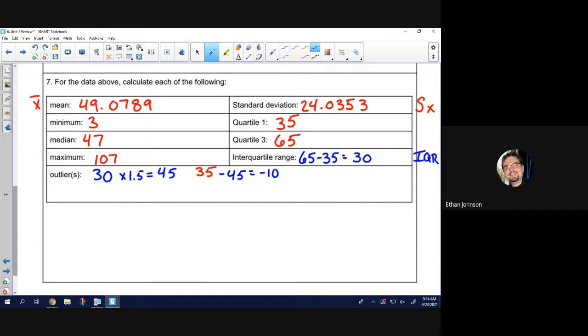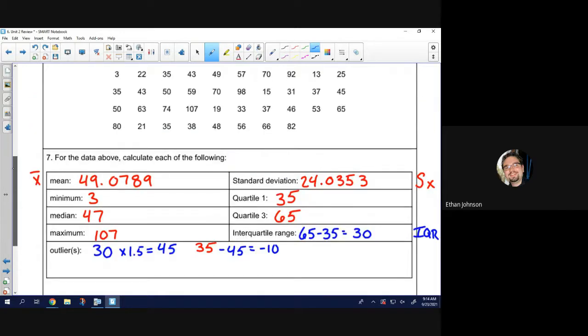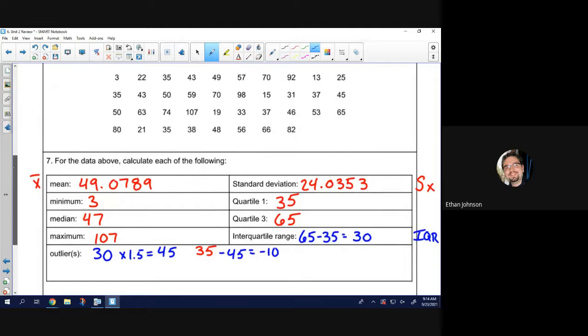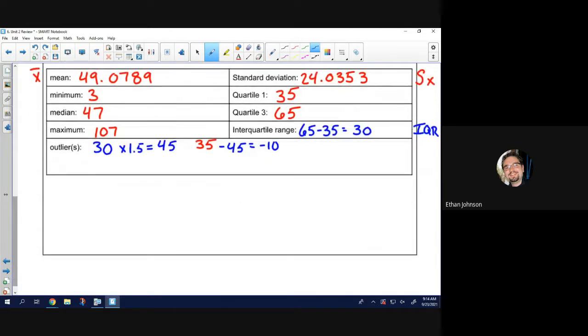And we look at our numbers. According to our numbers, we have no number smaller than negative 10. So we have no lower outlier. We're going to take our Q3, 65, and add the number we got.